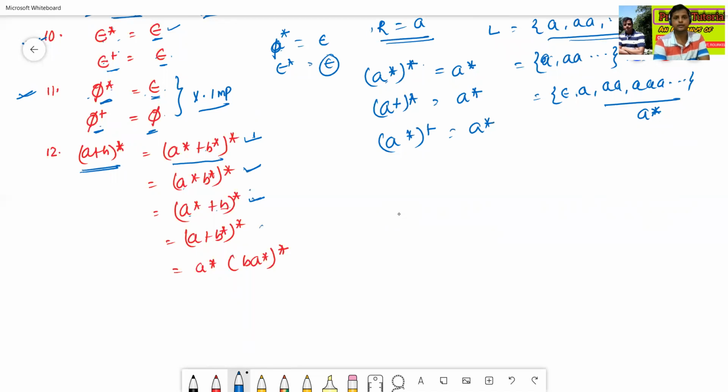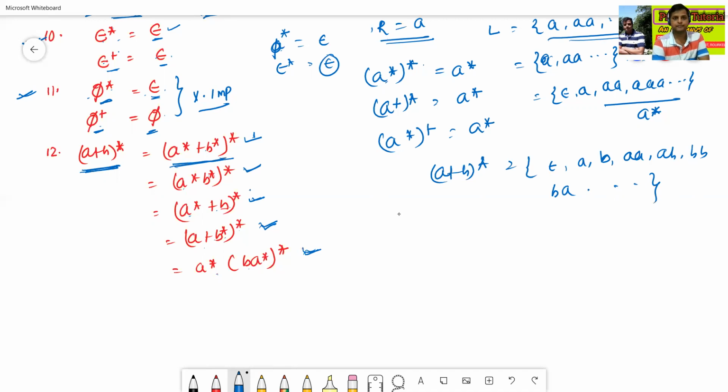We can also represent it as a star plus b whole star, a plus b star whole star, or a star into b a star whole star. A plus b whole star gives the output epsilon, a, b, aa, ab, bb, ba, etc.